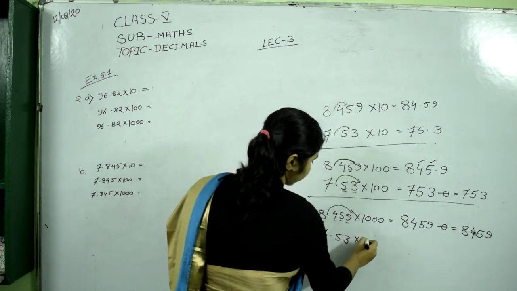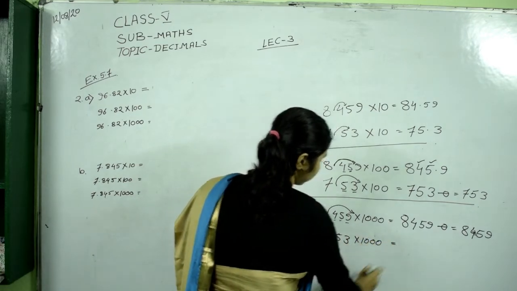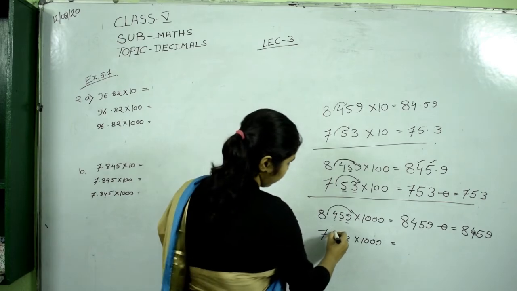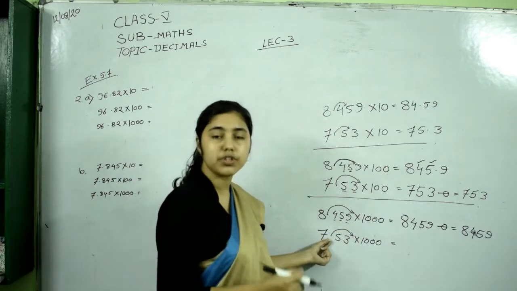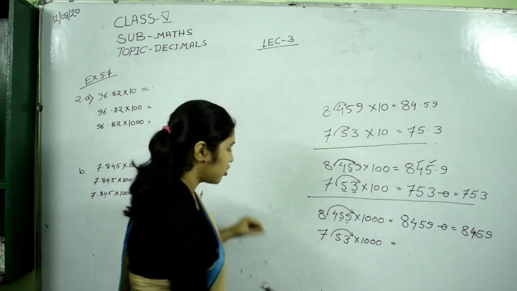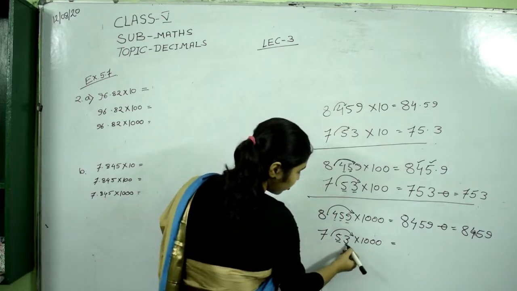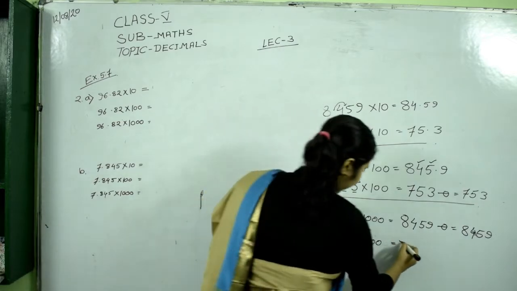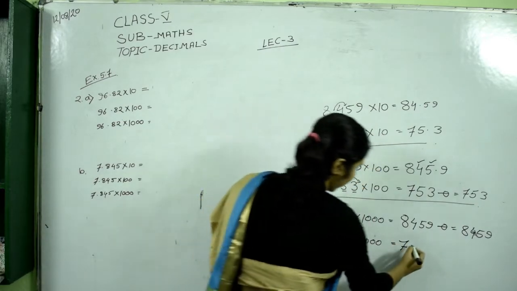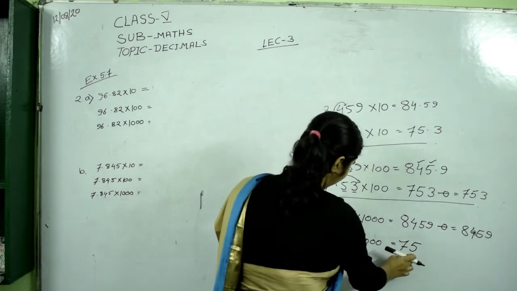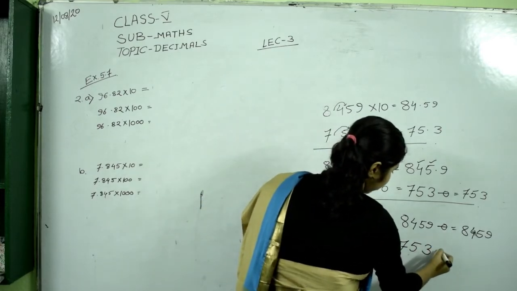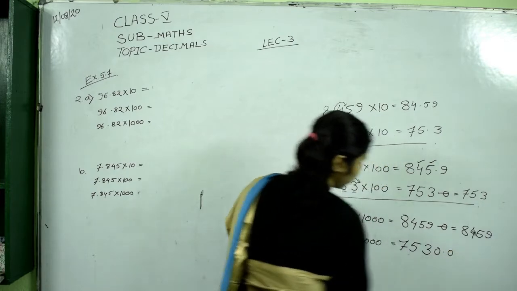Same, if we multiply 7.53 with 1000, the point will shift three decimal places. Here we have two digits, right? So our product will be 7530.0.